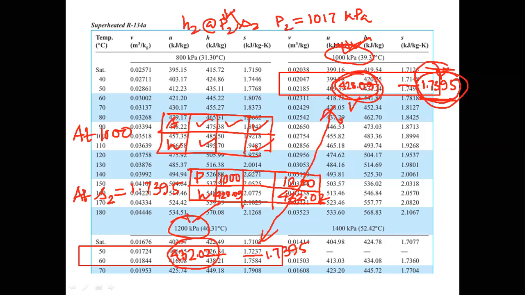And here the pressure at which the enthalpy value is to be determined is 1017. Corresponding enthalpy value we can determine in the same logic by linear interpolation. That value is coming to be 428.42 kilojoule per kg.